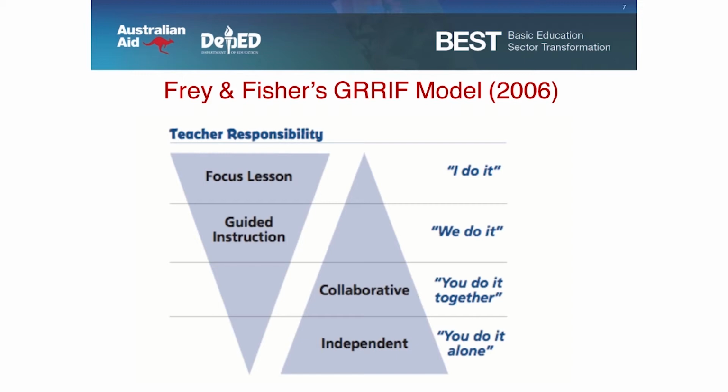So it's really integral also to the way you think of instructional planning, which means that if you move in the instructional sequence or in the lesson plan, from teacher-directed towards student-directed, you're moving within the gradual release of responsibility instructional framework. Okay, that's the meaning of GRIF.